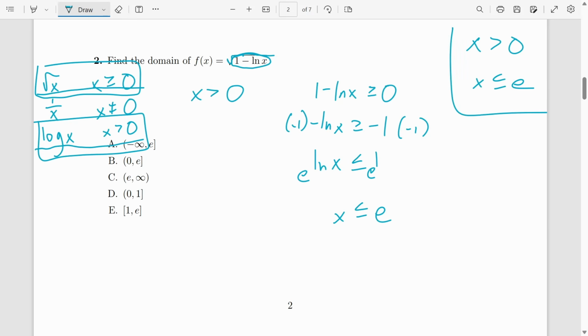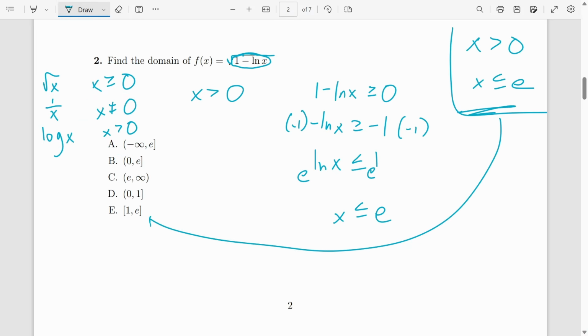Looks like that's all the ones we have to worry about, and we can go ahead and turn these into the proper domain notation, which it looks like B is the one, since look what it's saying. It goes up from 0 exclusive, so that means it doesn't include the 0. Oh my god, just dropped my pen. Whoops.